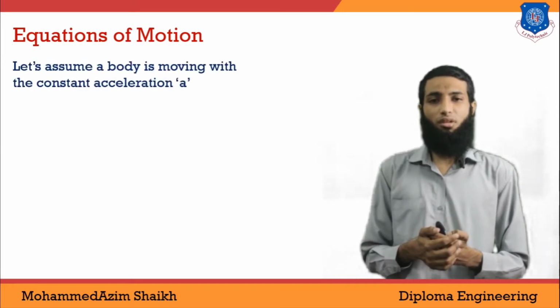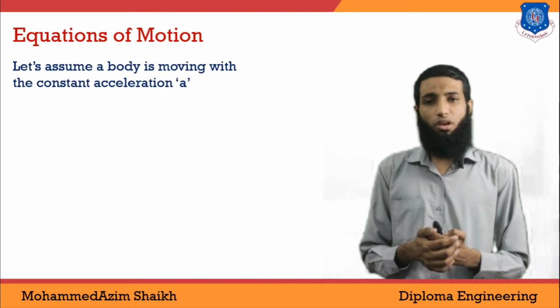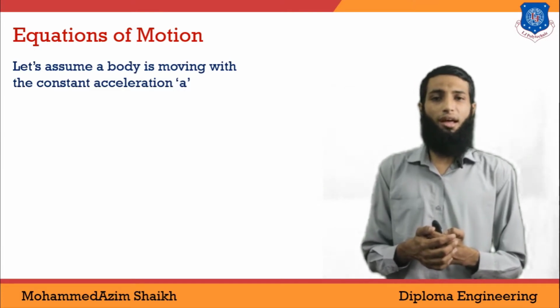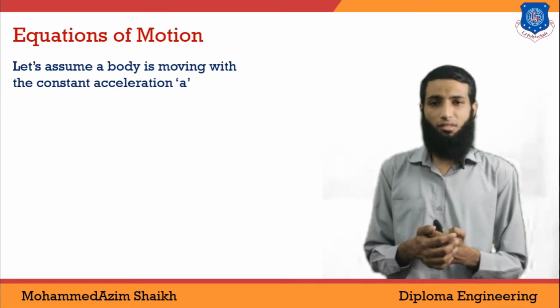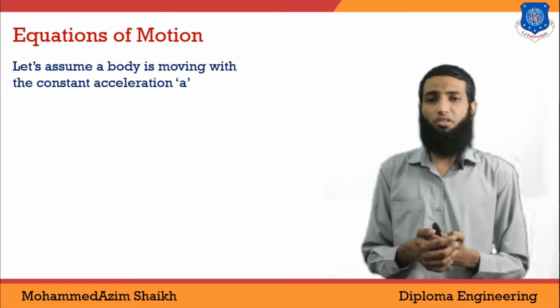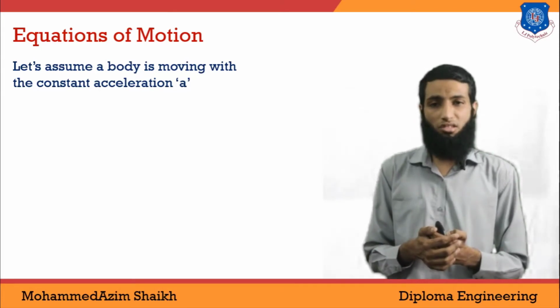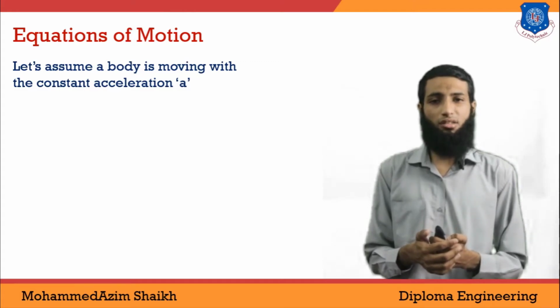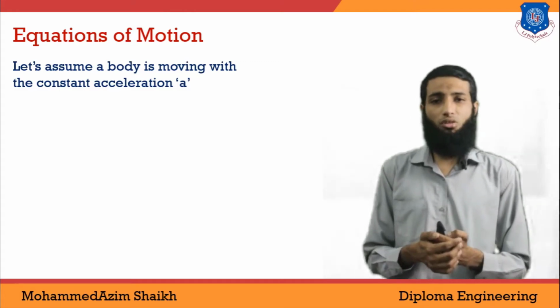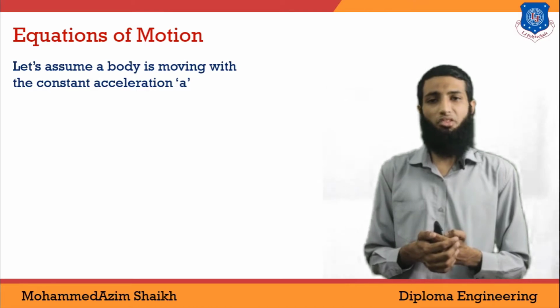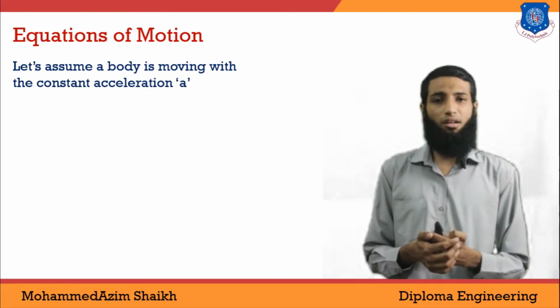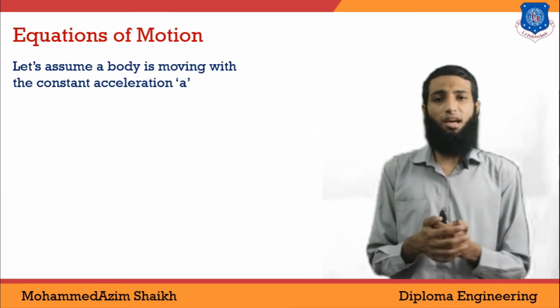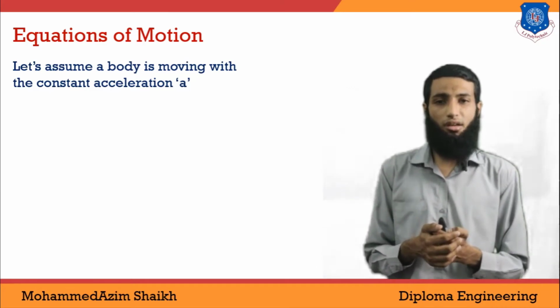Let's assume one object is moving with a constant acceleration a. The initial velocity of that object is v0, and after t seconds we assume that the velocity becomes v, and the constant acceleration during this time t is a.